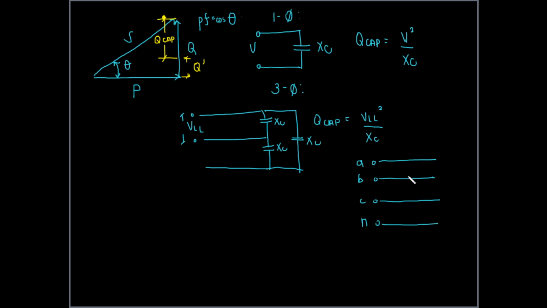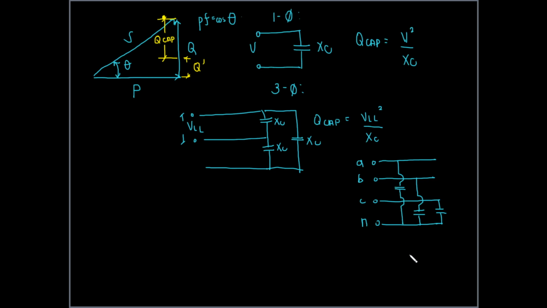And you can have one capacitance connected from A to neutral, another one from B to neutral, and then another one from C to neutral. So this time, the capacitors are connected in Y.